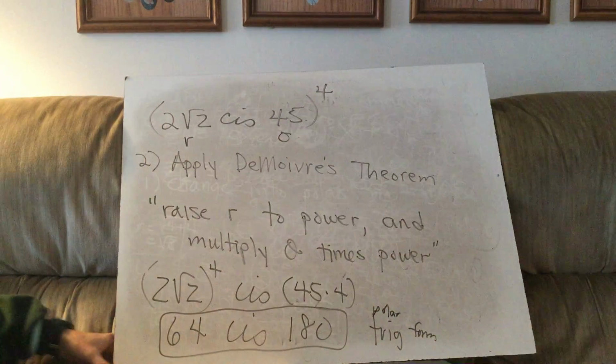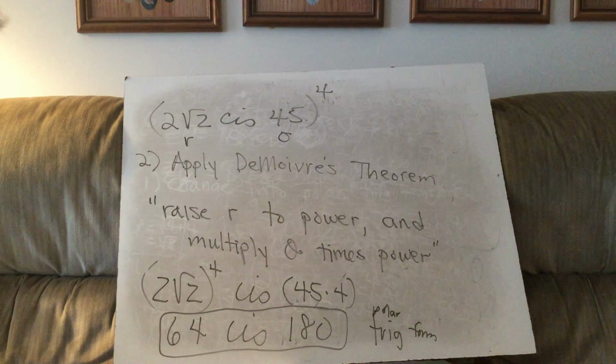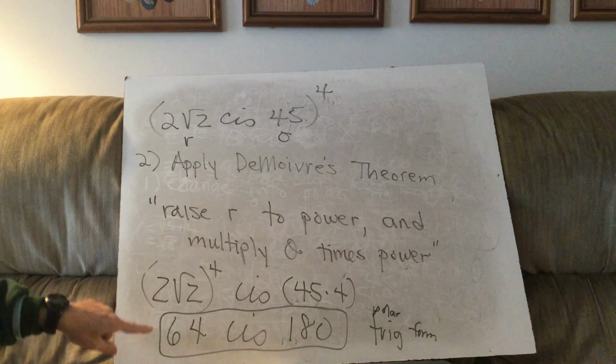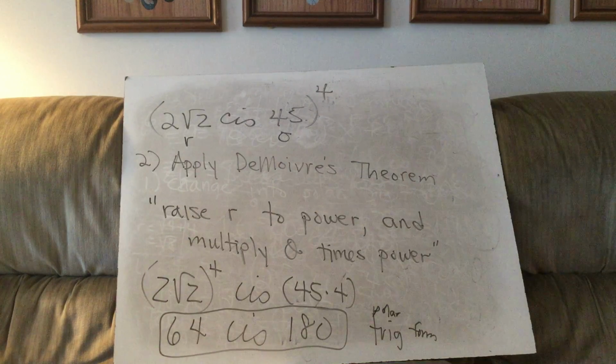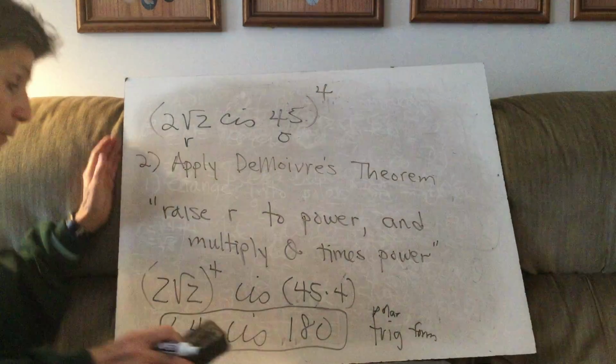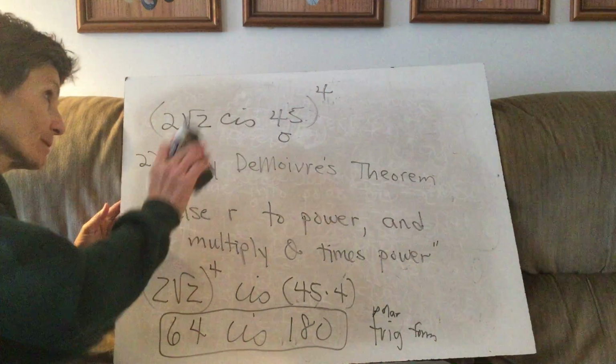Now these directions are wild and wacky because they say answer in both complex form and polar form. So this is the polar form answer. So now I'm going to take that answer, I've got to erase all this stuff again.